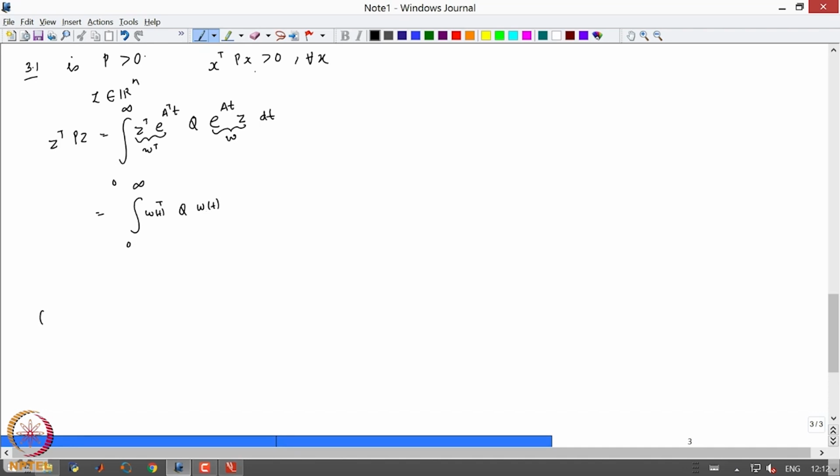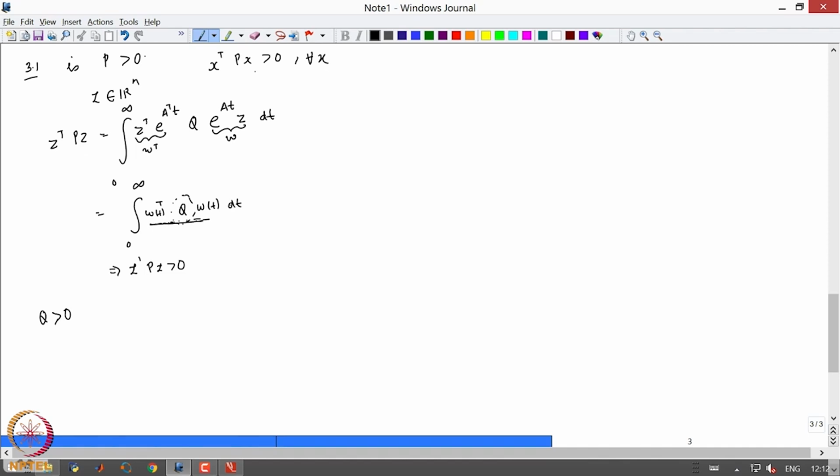I know that Q is greater than 0, and therefore, if Q is greater than 0, then this quantity should be greater than 0. Okay. And therefore, I have that z transpose P z is actually greater than 0, given that Q is also positive definite, and then I just invoke the definition, right.